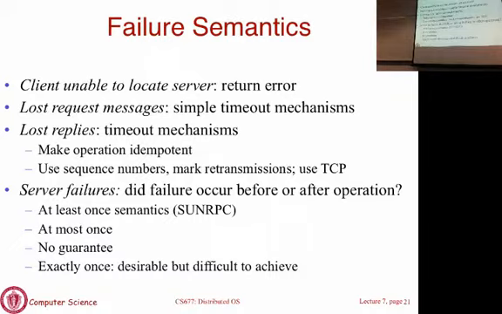Since they didn't want to pay that price, and original RPC systems were run for client server applications on local area network, they said why bother, run this over UDP. In UDP, however, if packets are lost, then it's the RPC runtime's job to figure out what to do, because the network is going to make a best effort to deliver the packet, but no guarantees. So then your RPC system has to take over.